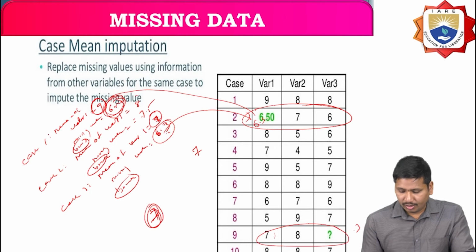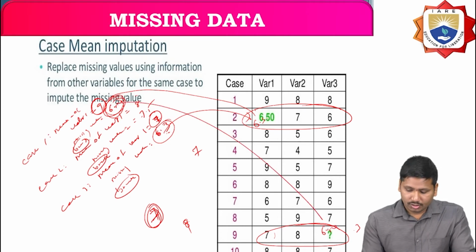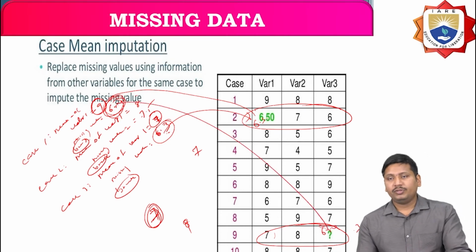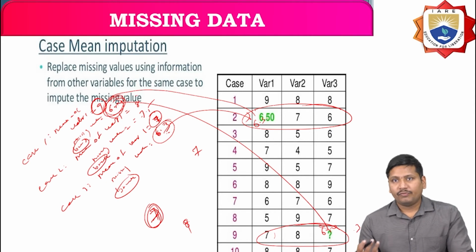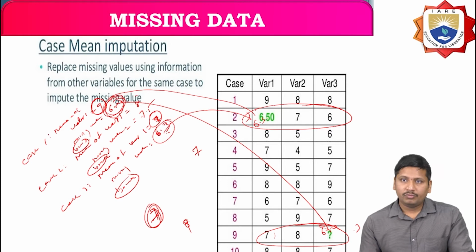Similarly, I have to calculate the mean value of this one. Suppose I get 8 or 9, then 6.50 is going to be filled. Like this, I can fill the missing value based on the variables of the same case. That should be the case mean imputation.